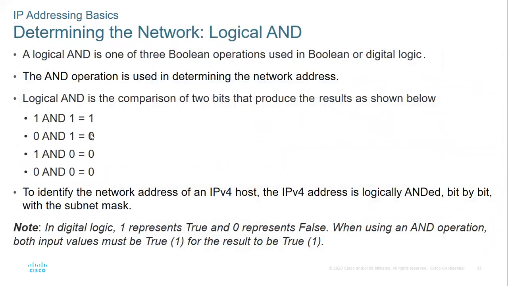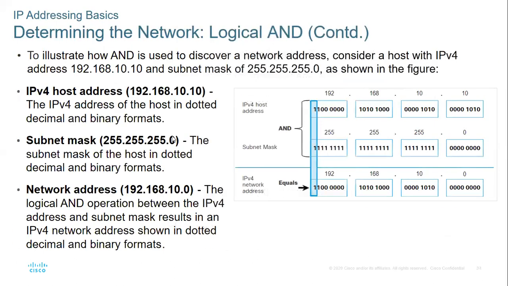Now, this is the logical ANDing I was telling you. 1 and 1 will always give us 1. 0 and 1 will always give us 0, and so on. Now, I've explained about this already. So we have the IP, which we have to change into 1s and 0s.